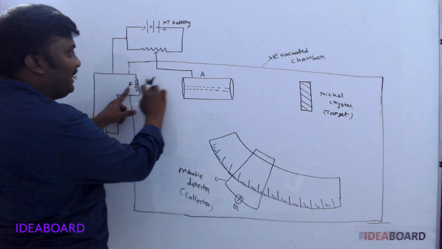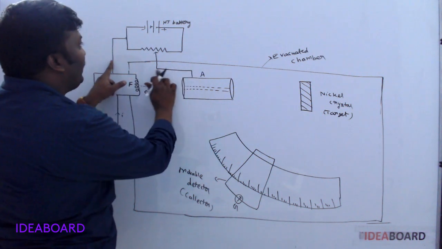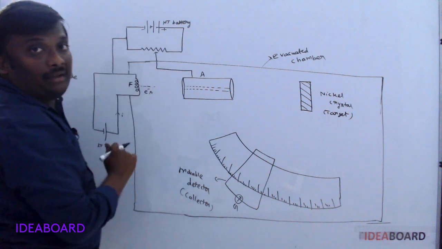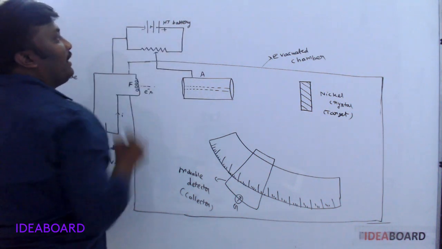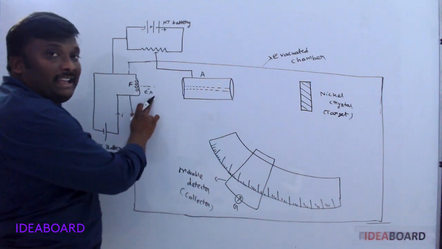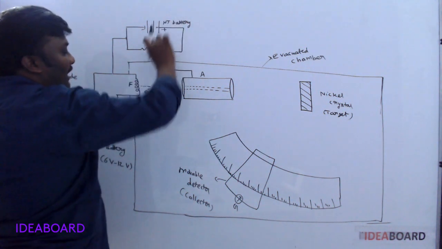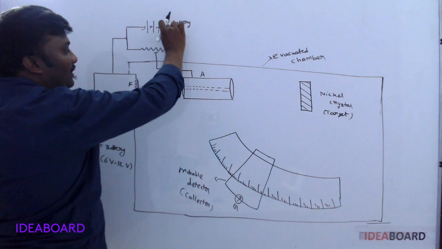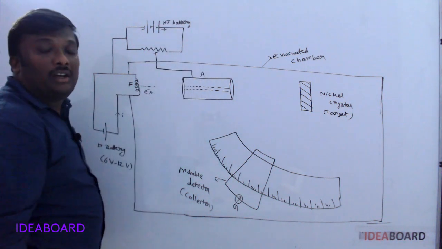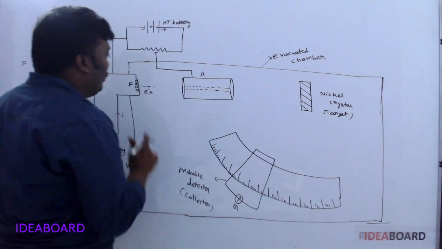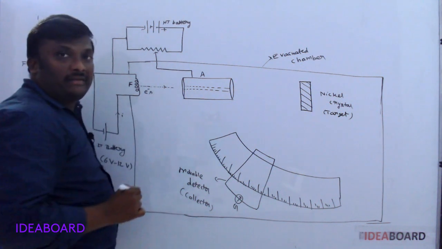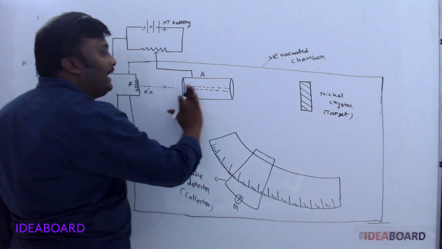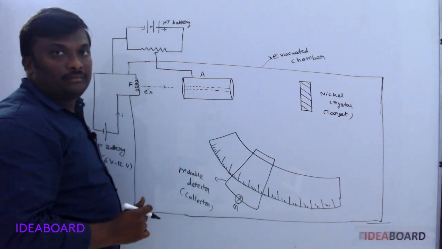Between filament and anode, we connected one high tension battery, and the anode is connected to the positive terminal. Electrons have negative charge, so negatively charged electrons are attracted by the positive charge. Now these electrons get accelerated and enter the anode.